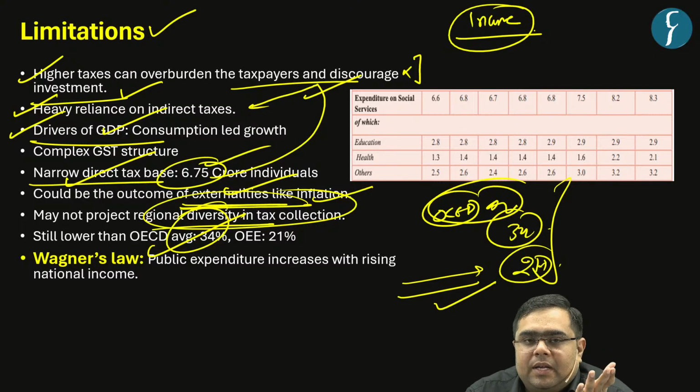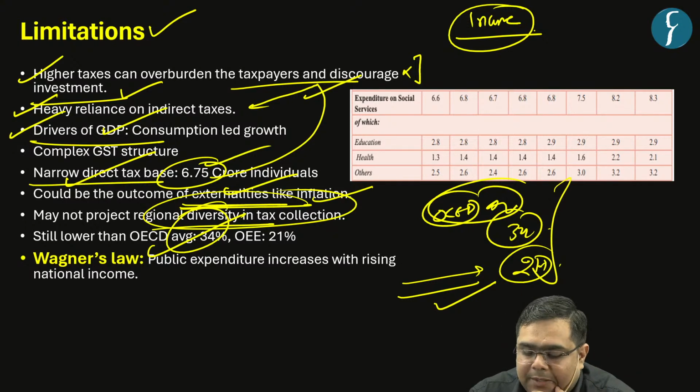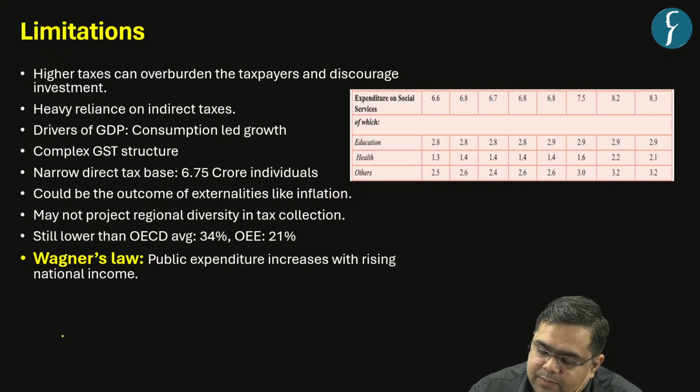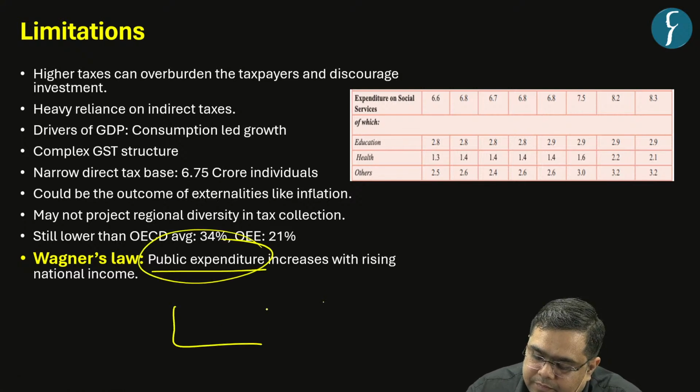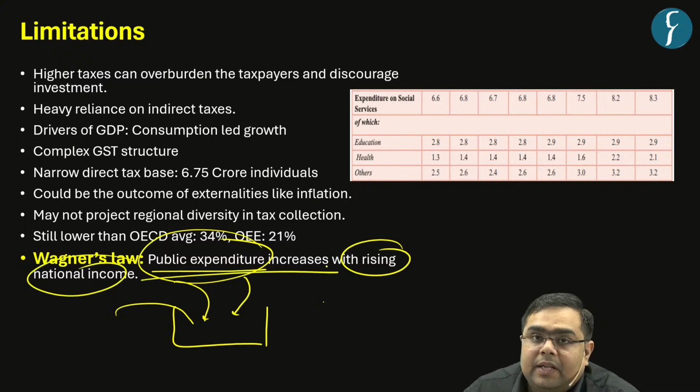Perhaps the most pertinent and relevant argument is Wagner's law in this context. What does Wagner's law say? Wagner's law is a law in economics which says that public expenditure increases with an increase in national income.